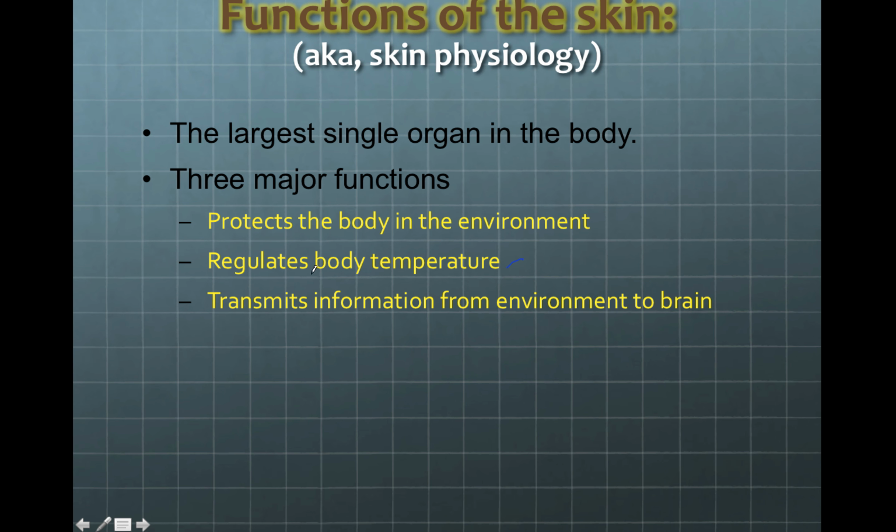And when children get burned, first of all, they will burn at a lower temperature and a shorter duration exposed to that lower temperature. So because they burn so easily and they have an immature thermoregulatory system, if you interrupt the integrity of the skin, they're going to have a much more difficult time thermoregulating, all right?